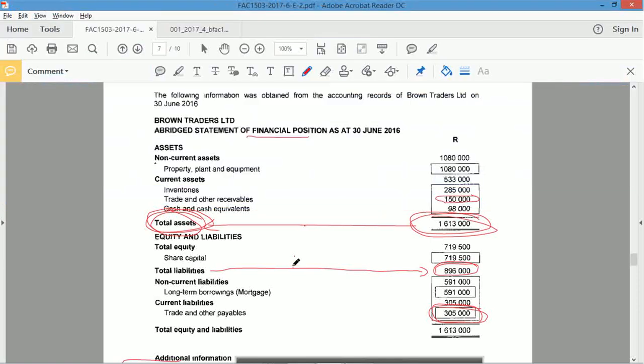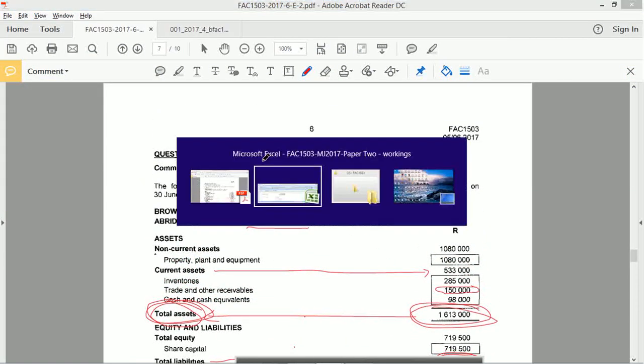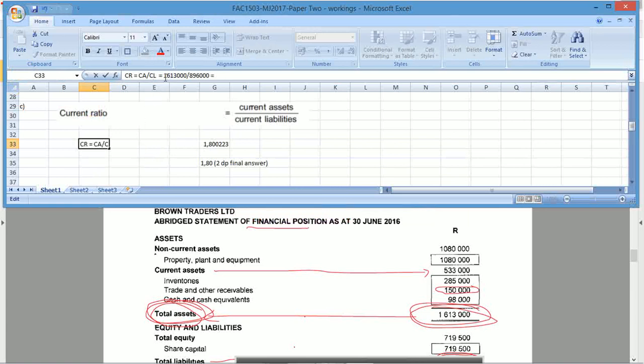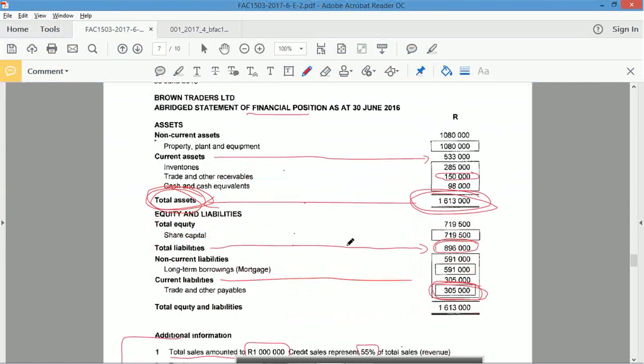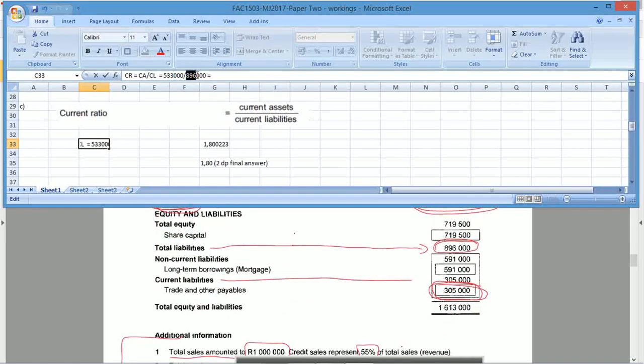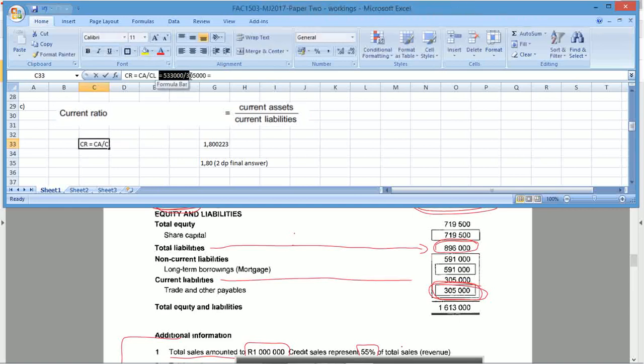So I need to change these figures. Current assets, there's my current assets, 533, over current liabilities, 305. Be careful, I made a mistake there.